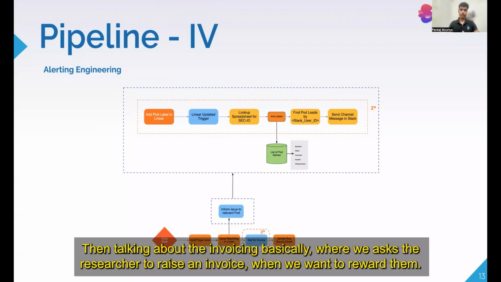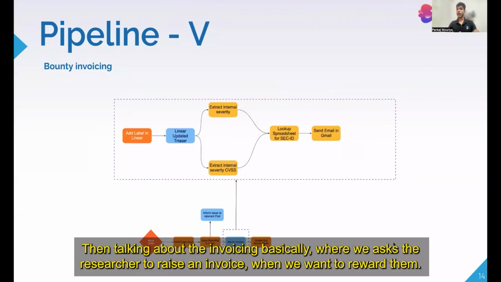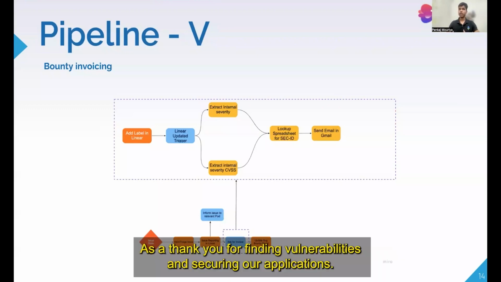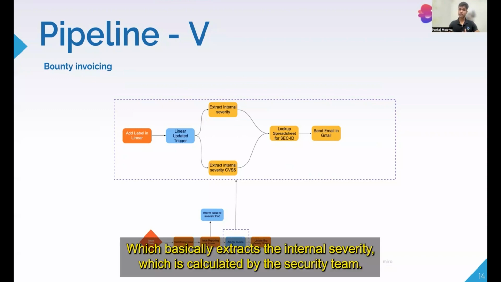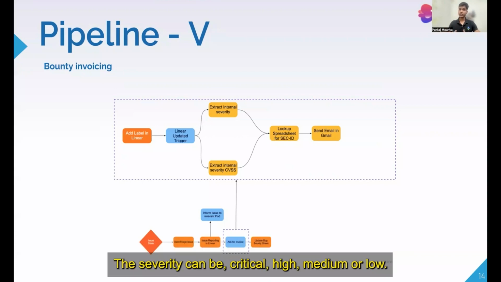Then talking about invoicing, this is where we ask the researcher to raise an invoice when we want to reward them as a thank you for finding vulnerabilities and securing our applications. We add a label which is raise an invoice. That label triggers a Zapier action, which extracts the internal severity calculated by the security team. The severity can be critical, high, medium, or low.